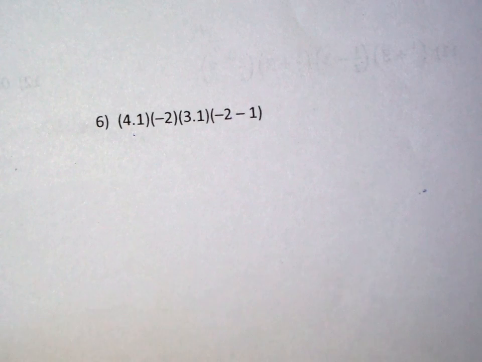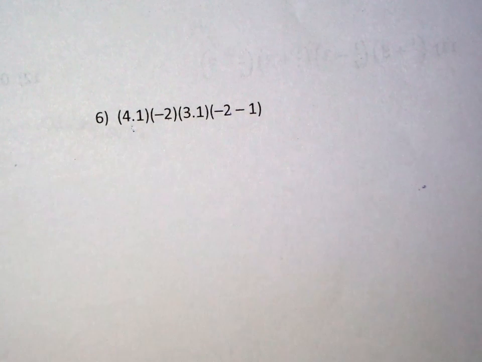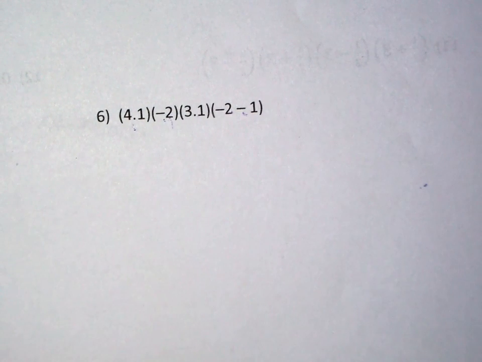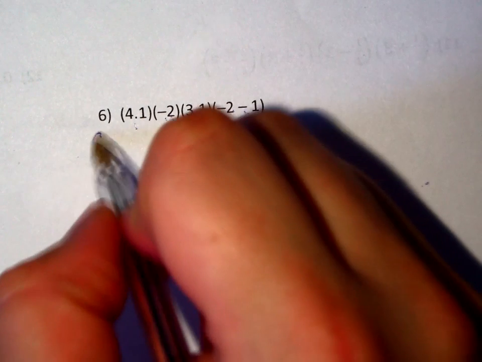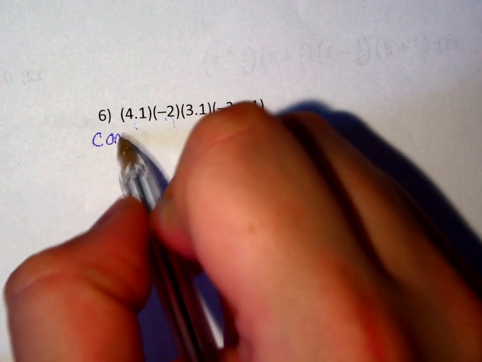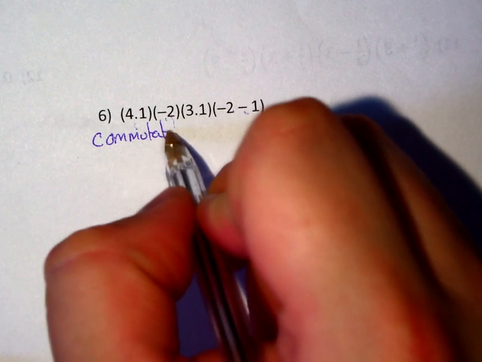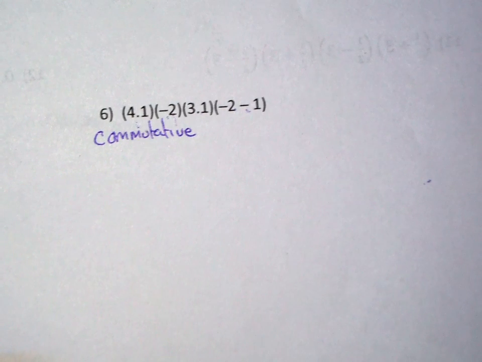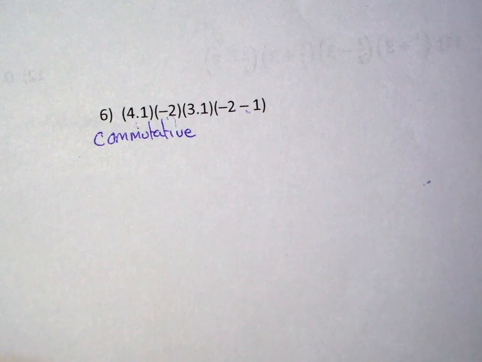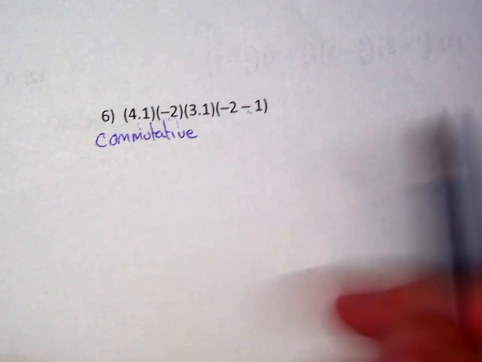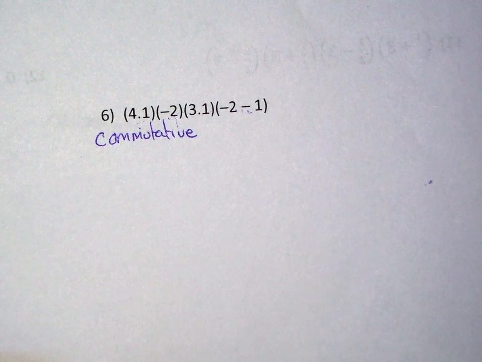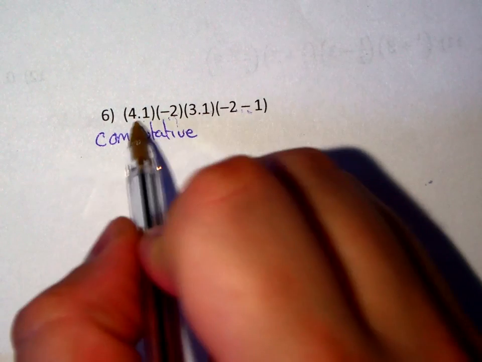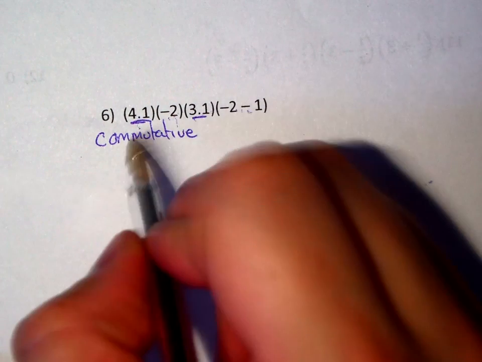And one of the things I've noticed is that 2 of these terms are decimals, and the rest of them are whole integers. And so what I want to do is use my commutative property, essentially, which tells me that A times B is equal to B times A. In other words, when I'm multiplying a bunch of different numbers together, it doesn't matter what order those numbers are in. The solution will still be the same. So I'm going to take the 4.1 and the 3.1 and move them to the front.